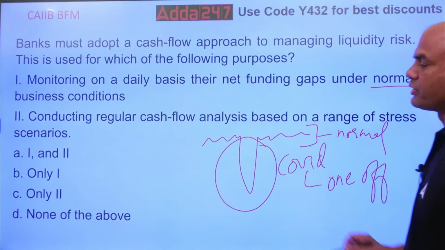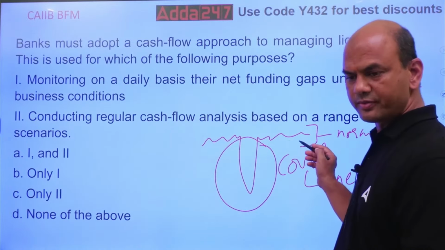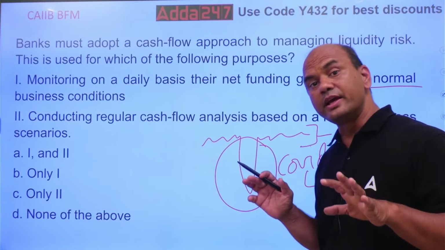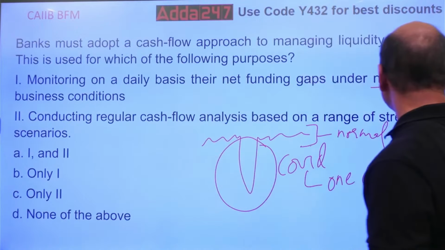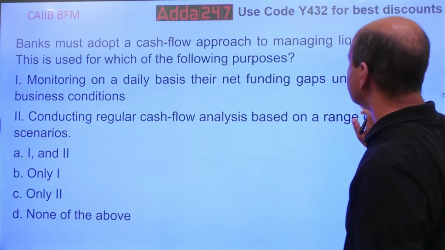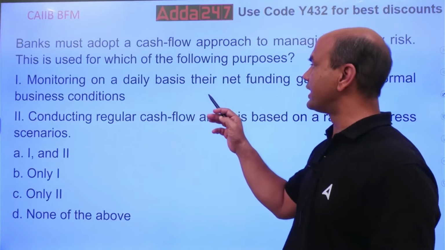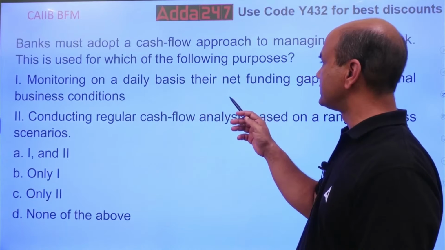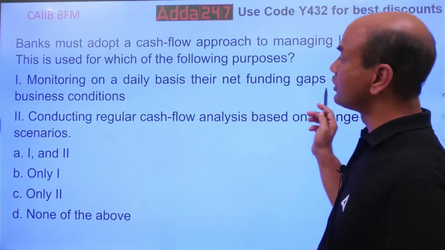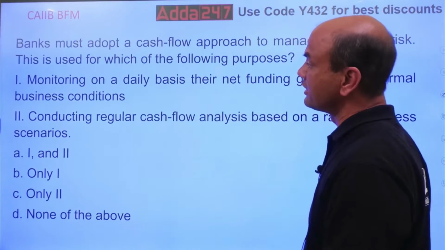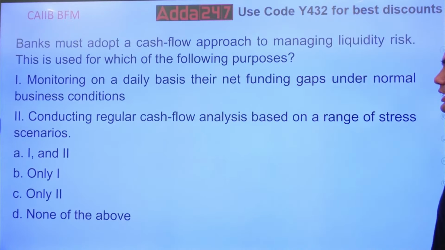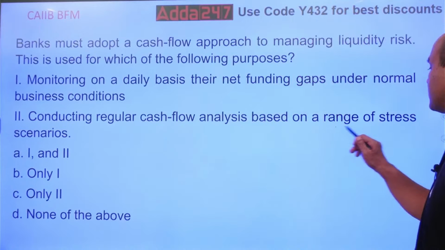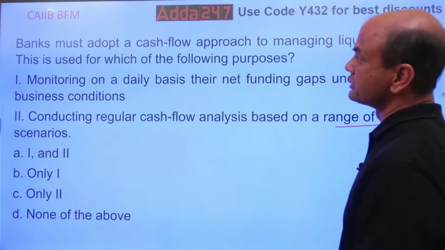So normal means whatever is running in a smooth way, without any external pressure. So that is normal. So monitoring the daily cash on a daily basis, their net funding gaps under the normal business conditions. And second, conducting regular cash flow analysis based on the range of stress scenarios.